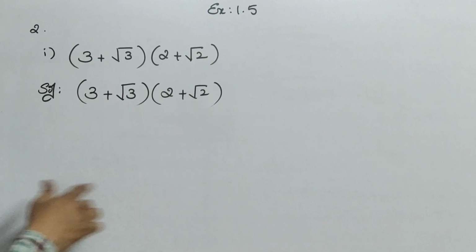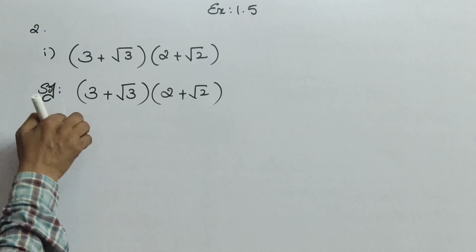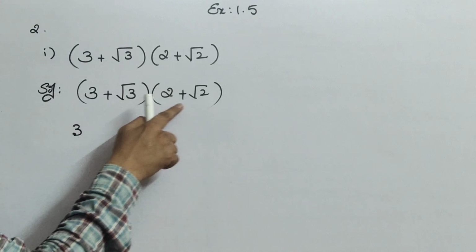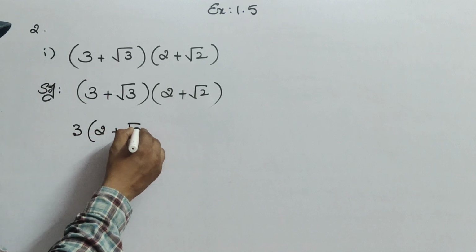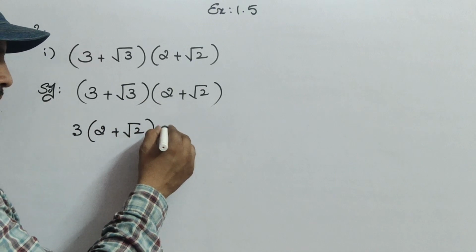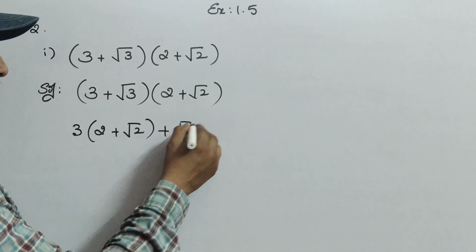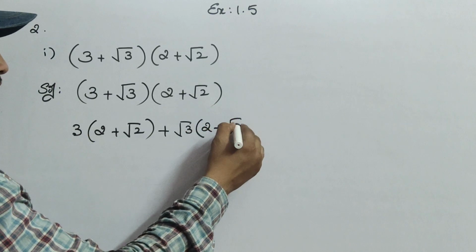Then you can do the simplification. See here, first I write 3 here, then 2 plus root 2. Next, plus root 3 into 2 plus root 2.